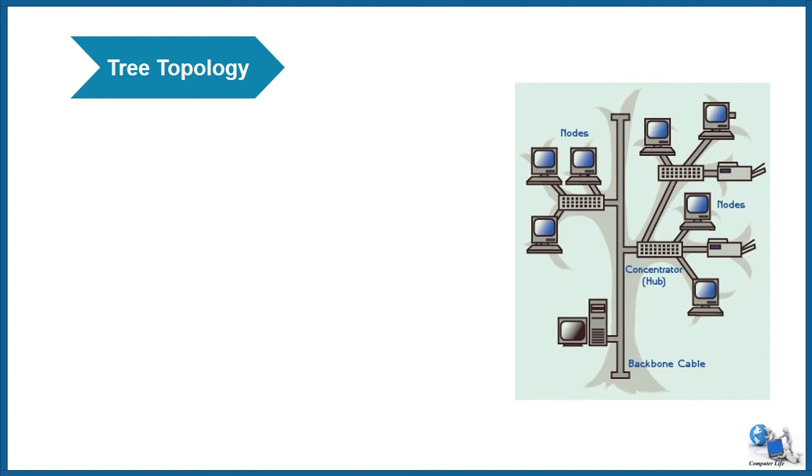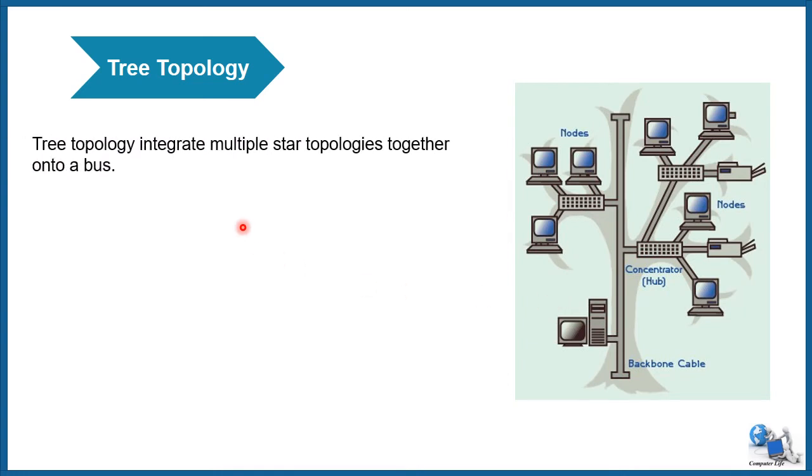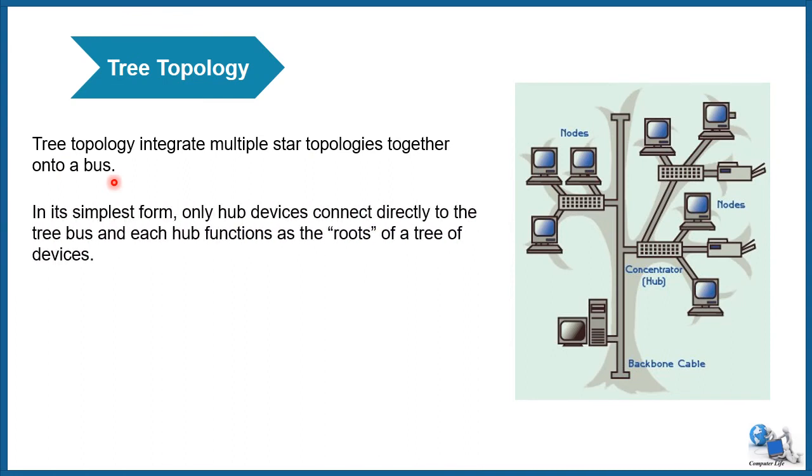The next is tree topology. Now you can see the infrastructure of a tree topology in the diagram. Tree topology integrates multiple star topologies together onto a bus. In its simplest form, all hub devices are connected directly to the tree bus, and each hub functions as the root of a tree of devices.